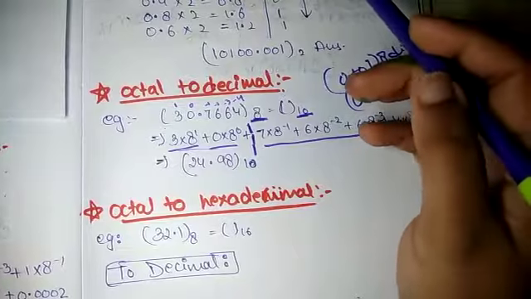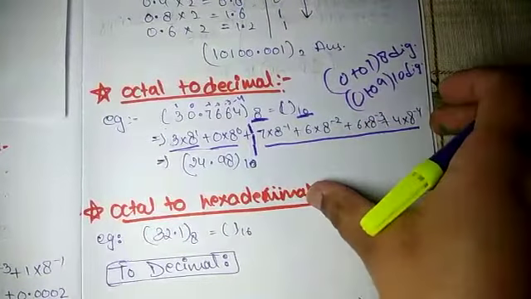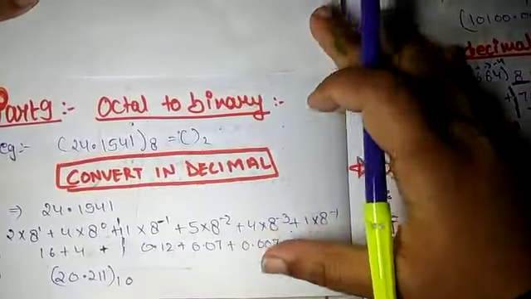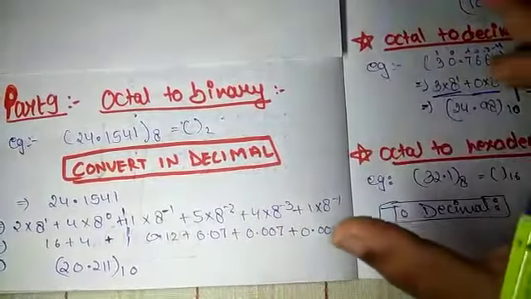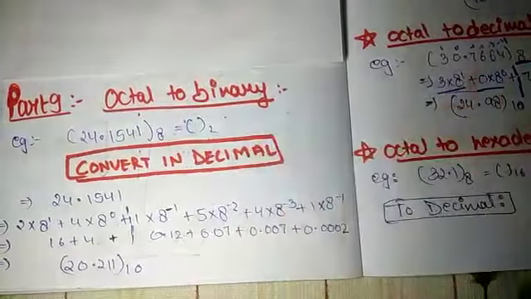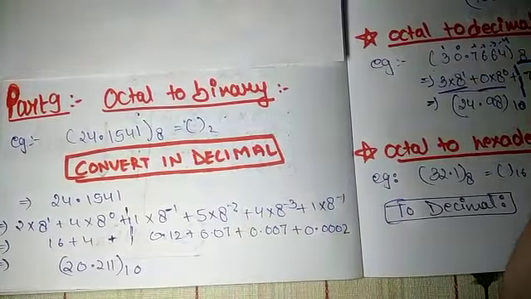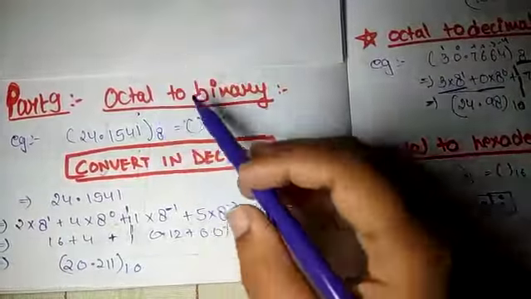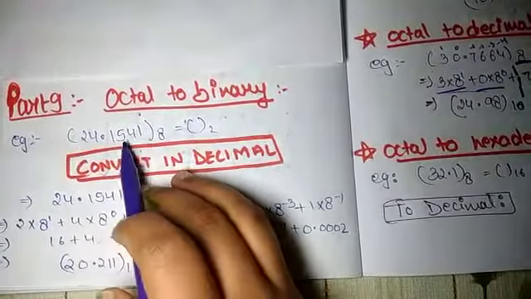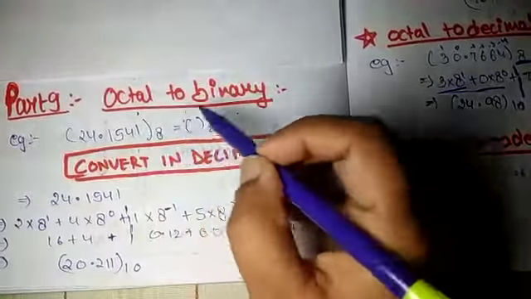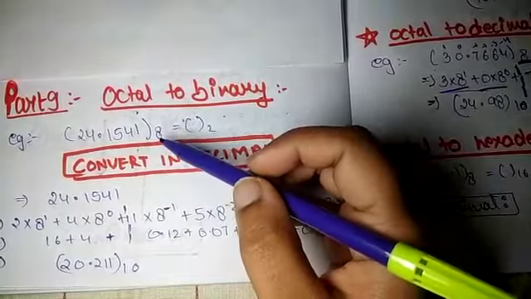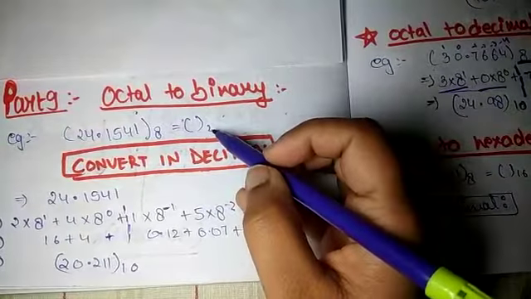Now as we have to understand the octal to binary conversion, here is our octal to binary conversion. As we have understood the octal to decimal conversion, we are now understanding the octal to binary conversion. So the question is 24.1541 base 8, which will be equal to base 2. We have to convert the octal base to the binary base.